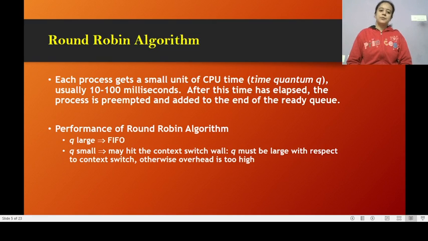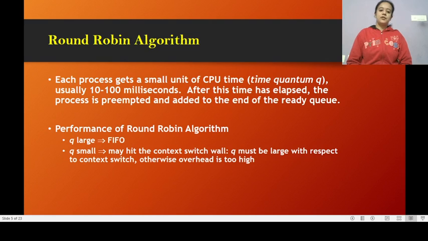Means each process is given a small unit of CPU time. Once that process finishes its CPU time, it will be forcefully preempted from the CPU and another process is given a chance to execute. Like that it will go on in a cyclic way.